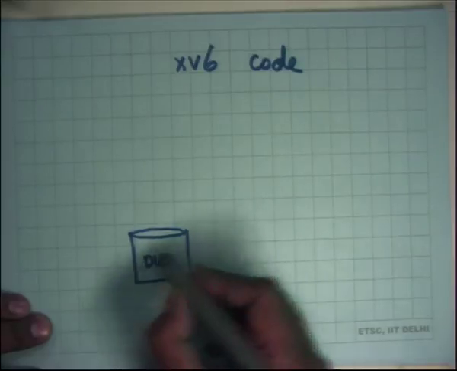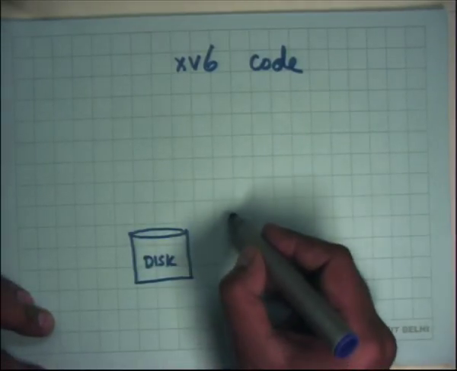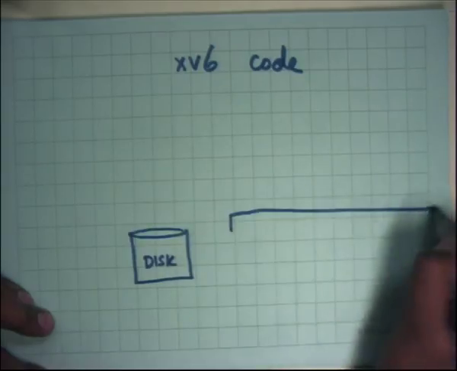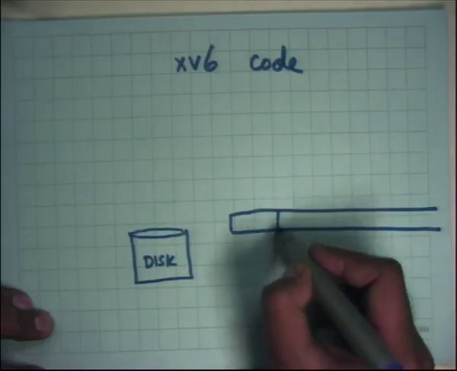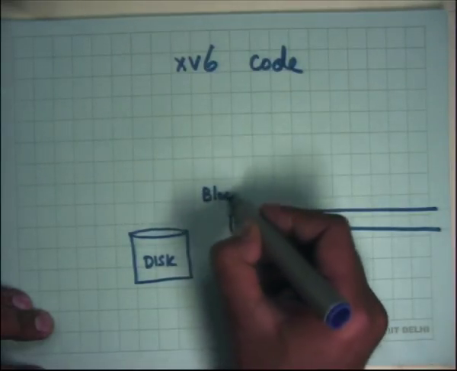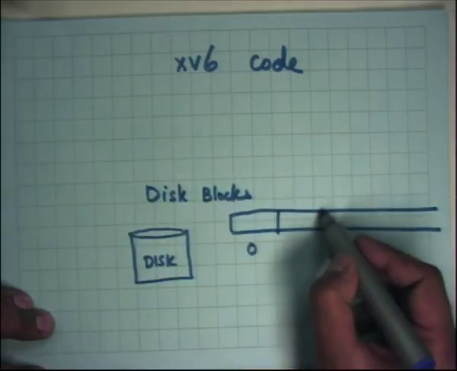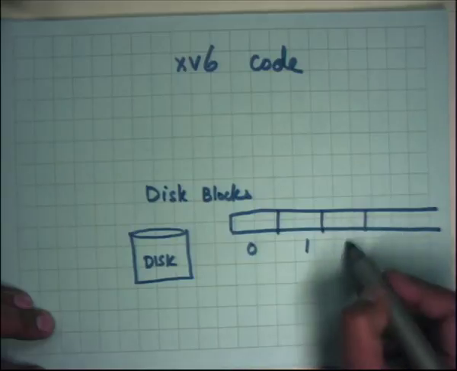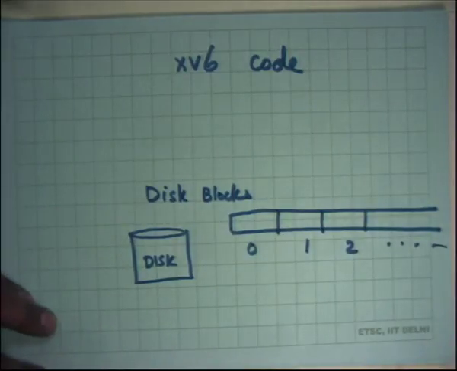A disk is actually a cylindrical device, but let's consider it as a linear address space of blocks. So this is block number 0, then block number 1, 2, and let's say it's very large.